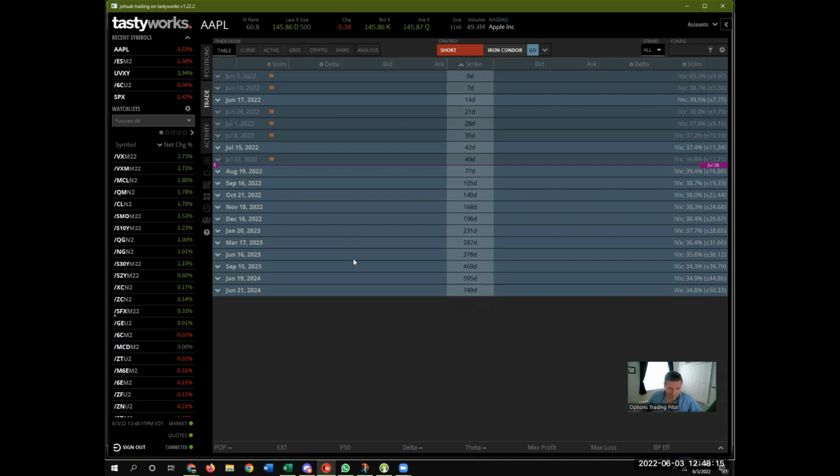Right now Apple is trading at $145. It's down $5 for the day. It shows your bid and ask. The bid is usually where you could sell it, and the ask is where you could buy it. You can see here the difference is usually a penny.